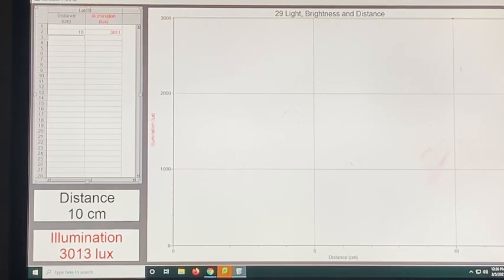All right. Next thing I do is move it, so you have 10 centimeters and 3013 for a value. Right?